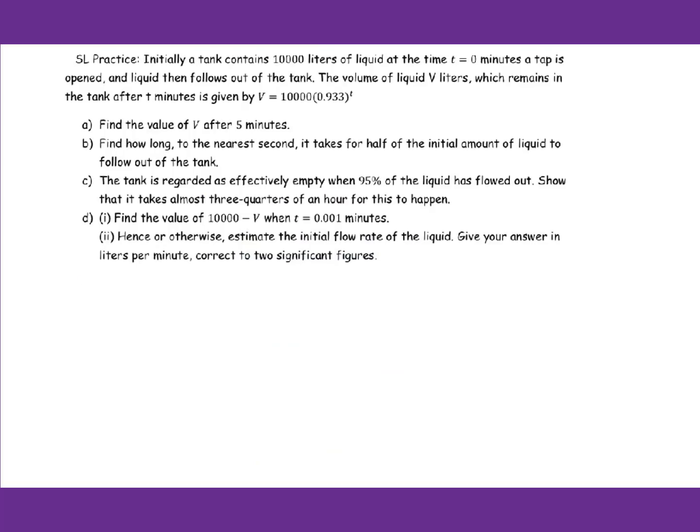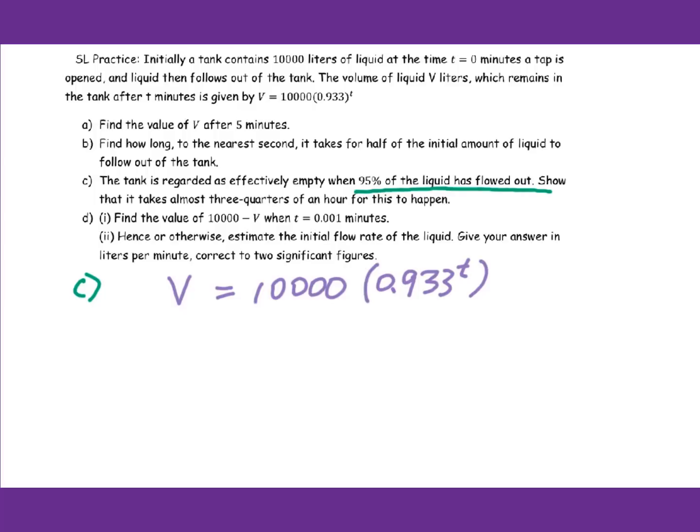Now let's go to C. The tank is regarded as effectively empty when 95% of liquid has flowed out. Show that it takes almost 3/4 of an hour for this to happen. For this formula, V equals 10,000 times 0.933 to the t's power.